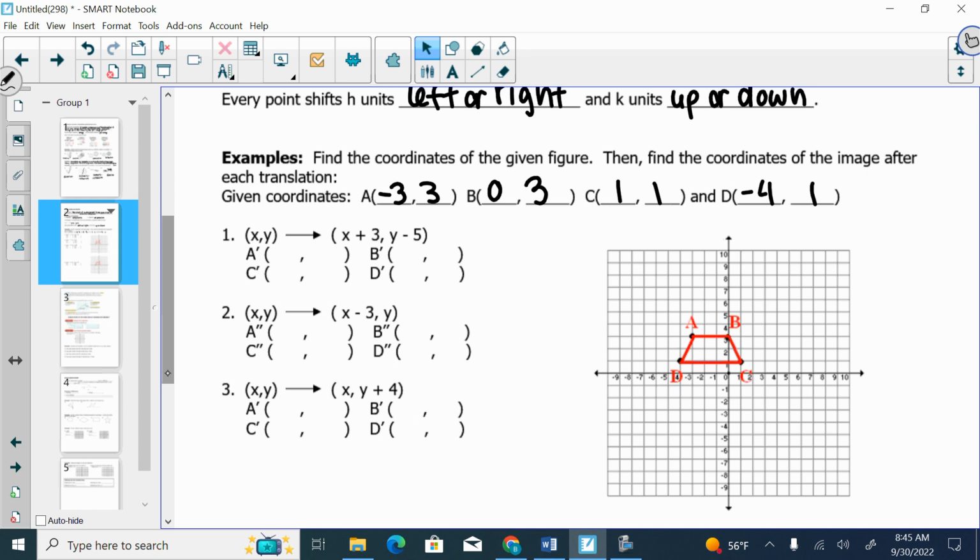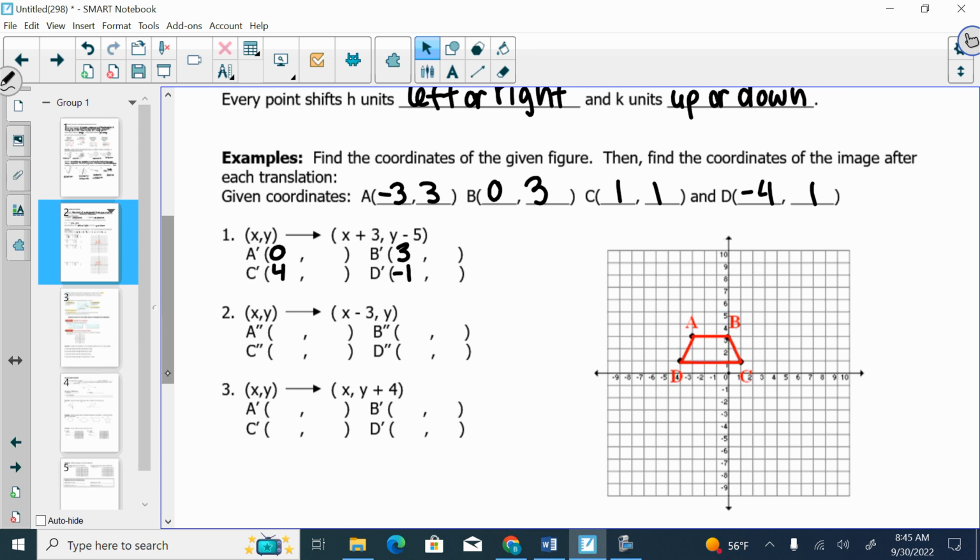All right, so on example number 1, they say you're going to add 3 to all of your x values, okay? So if I add 3 to negative 3, what's the new x value for A? 0. And if you add 3 to 0 for B, what's the new x? 3. And if you add 3 to 1 for C, you get... And if you add 3 to negative 4 for D, you get... Good.